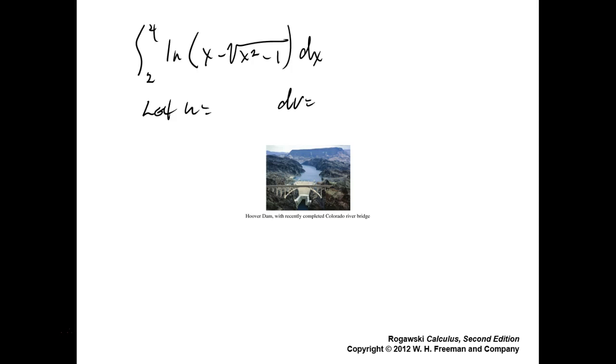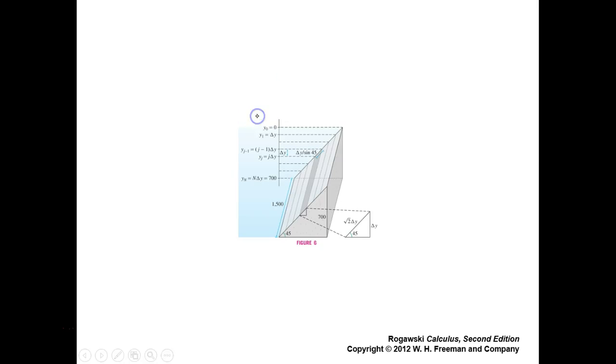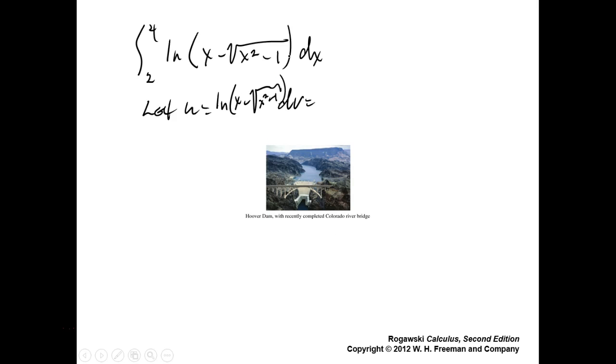That's the question. This is the one time when you have a log function, usually let that be your u. So let u equal the natural log of x minus the square root of x squared minus 1. And dv just dx.